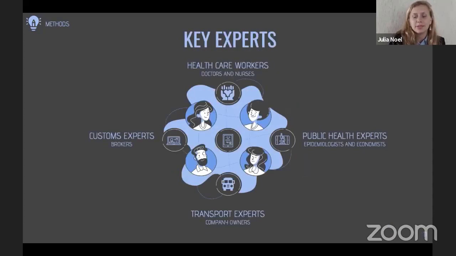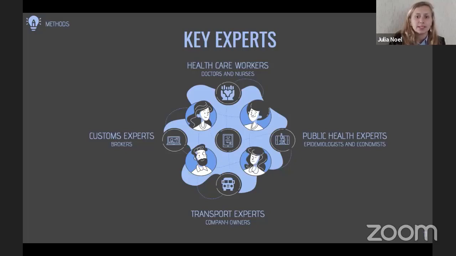The key experts which we identified were healthcare workers, such as doctors and nurses. We used the criteria that they must have 10 plus years of experience within the field to evaluate them. For public health experts, such as epidemiologists and health economists, we used the criteria that they must have a master's in public health and a PhD, or a PhD with demonstrated interest in the public health field, and have been published within the past 5 years.